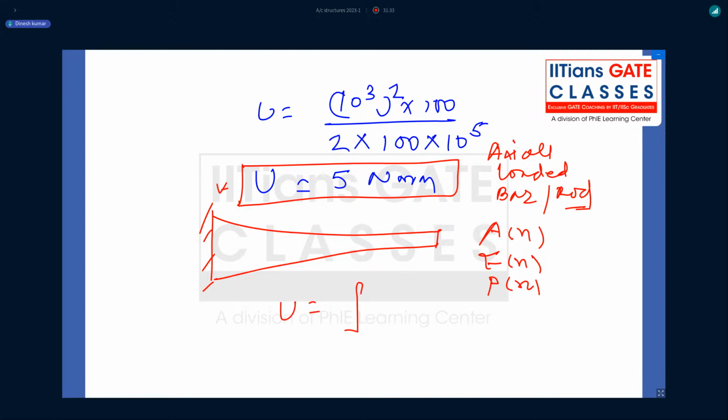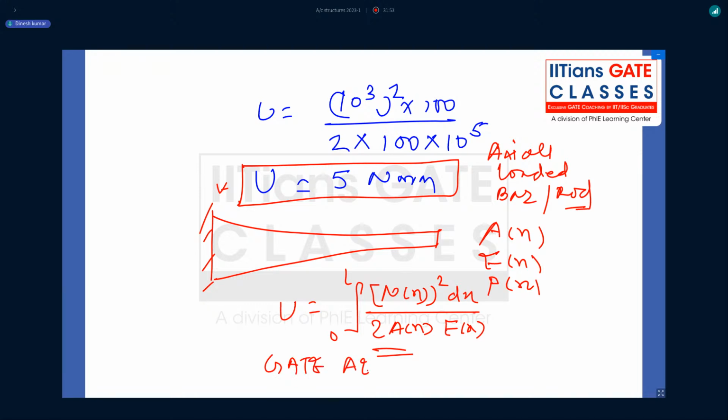It will be in integral form, from 0 to L, Nx square dx upon 2AxEx. So from these concepts also there are questions in GATE Mechanical, and they may ask in GATE Aerospace as well.